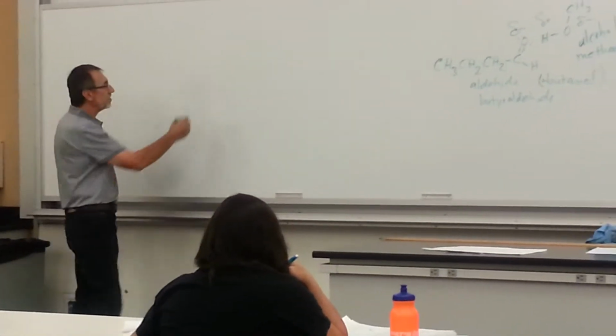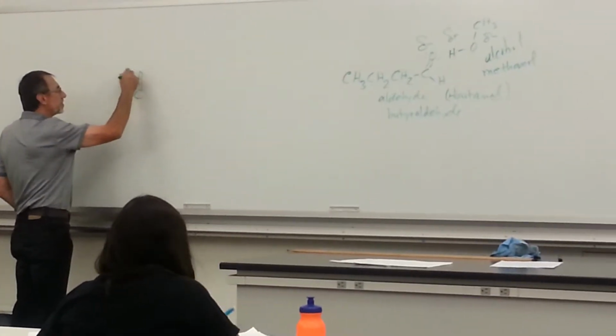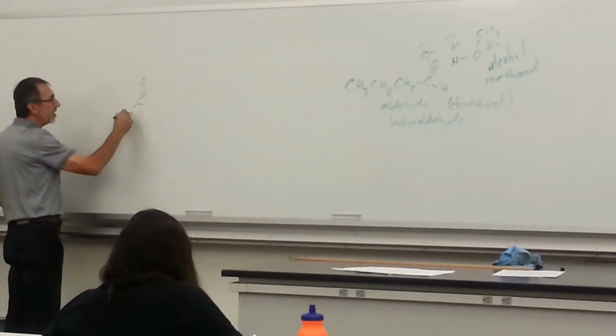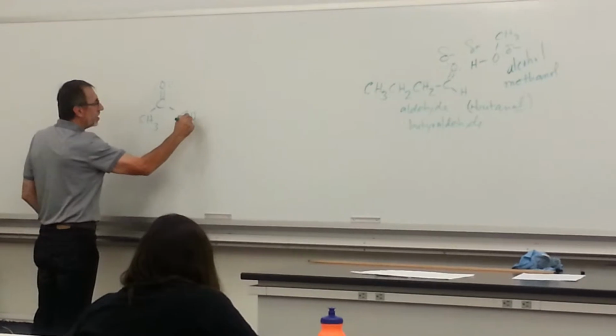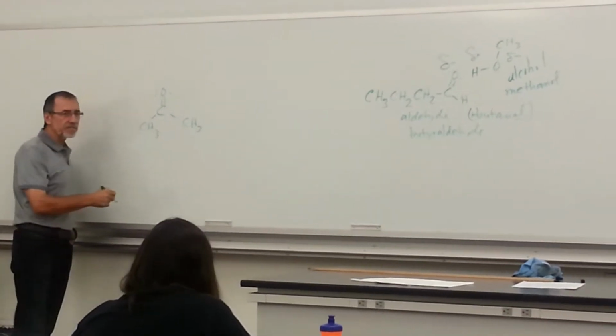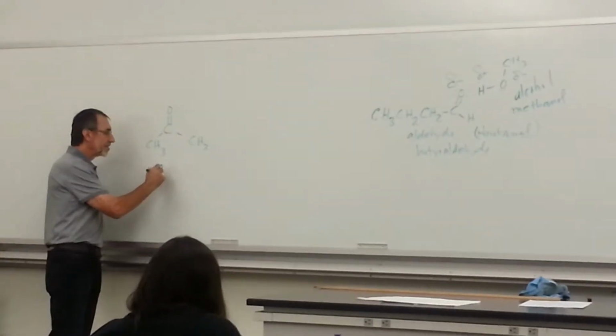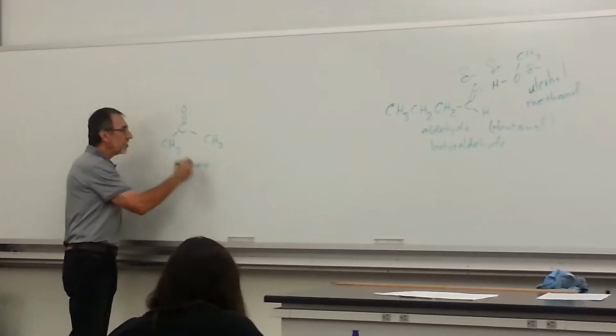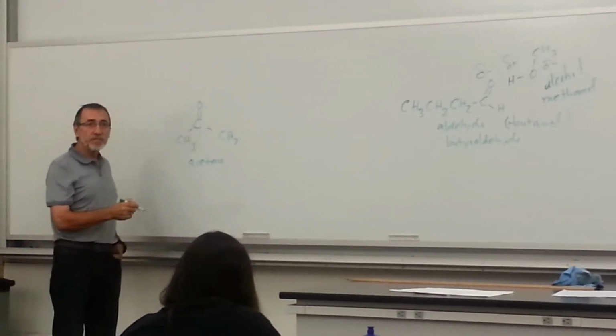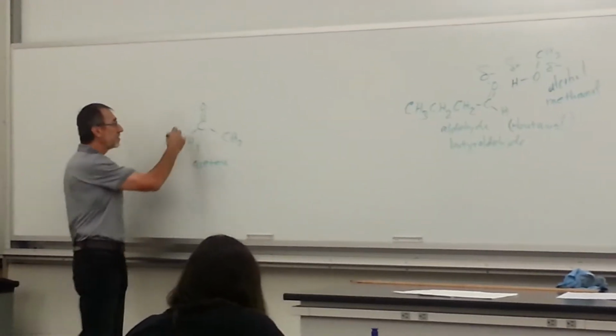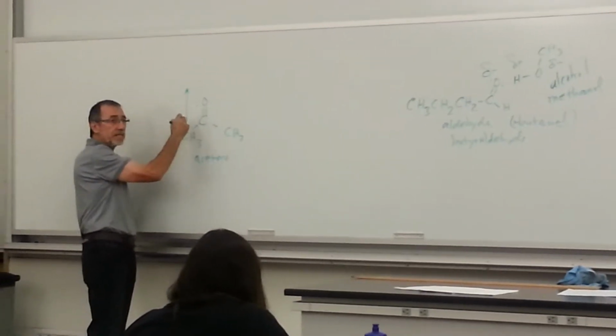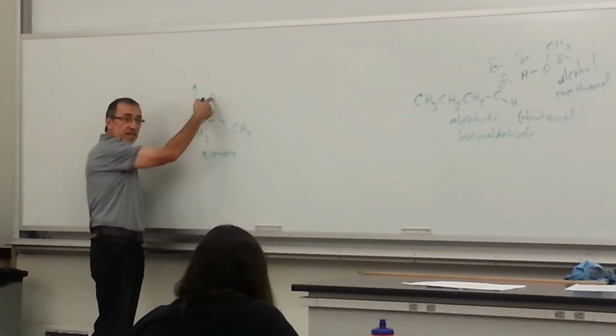Right? So here was the acetone. By the way, it's not a bad idea to start learning these things. So here's the acetone. Does it have a dipole moment because of its functional group? Yes. Here's the dipole moment, right? There's the positive side, there's the negative side, right?